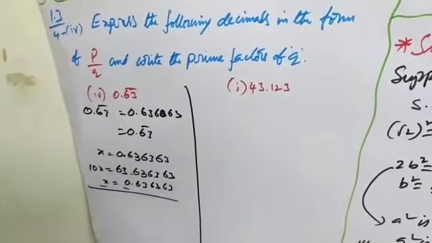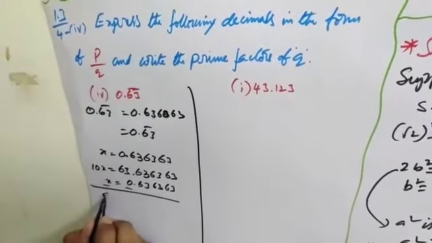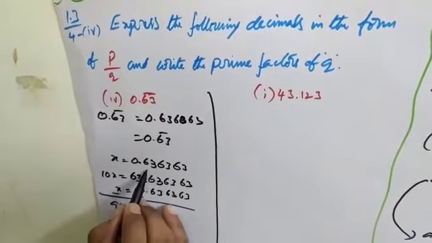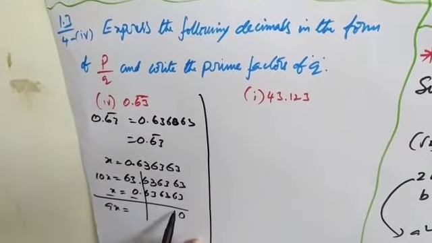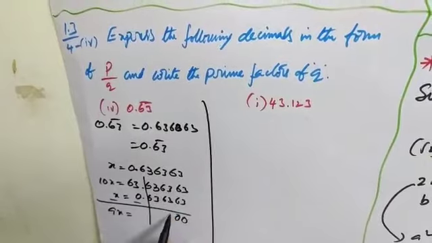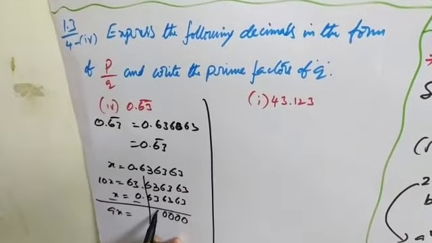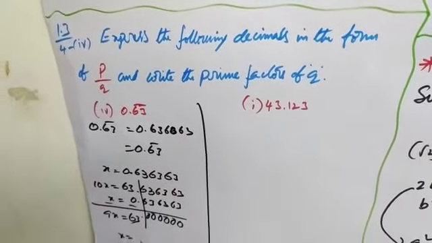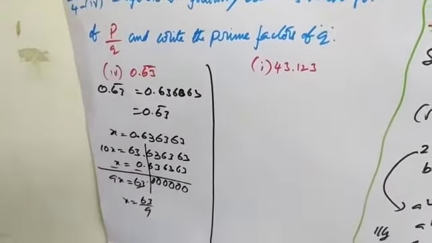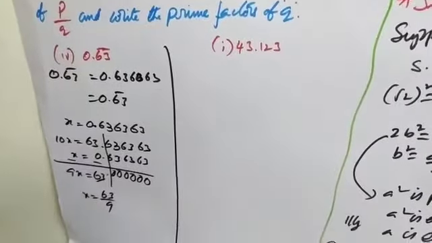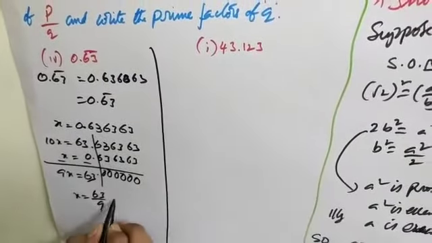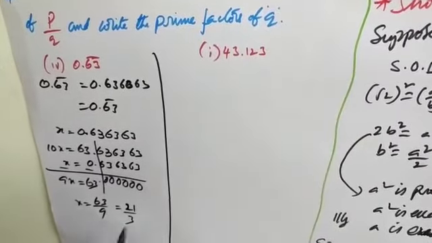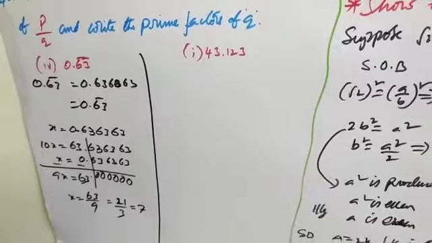Now subtract: 10x minus x is equal to 9x, and 63.63 minus 0.63 is 63. Therefore x is equal to 63 by 9. What is 63 by 9? 7. X is equal to 7.